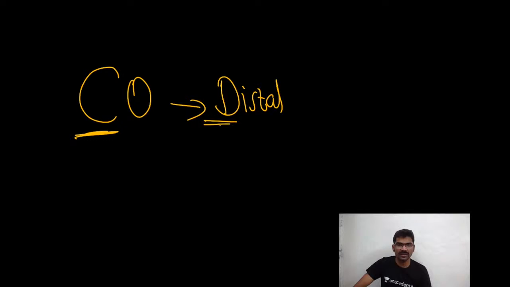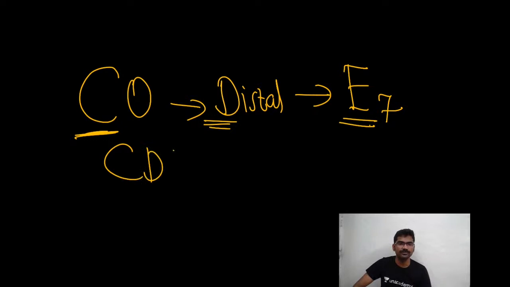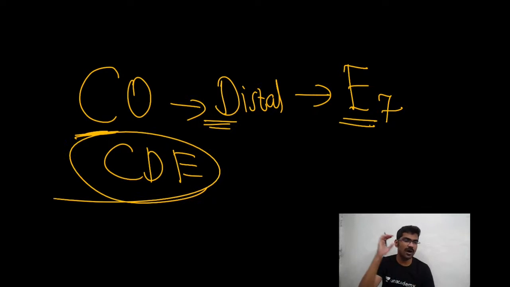Carbon monoxide, CO, C; distal histidine, D; E7. So remember like this, CDE. Carbon monoxide binding is prevented by the steric hindrance provided by histidine E7. Is this clear? Simple, right? CDE: carbon monoxide, distal histidine and E7.